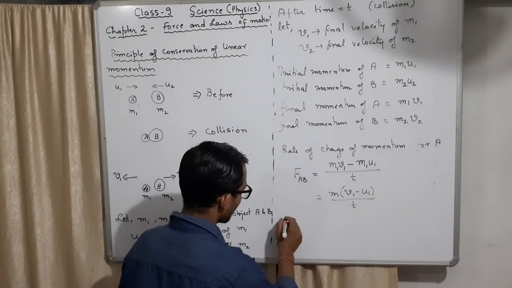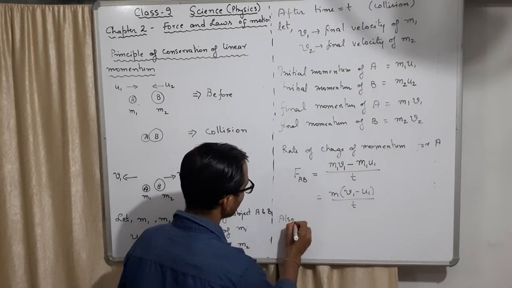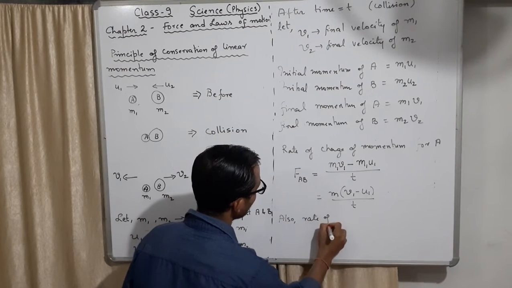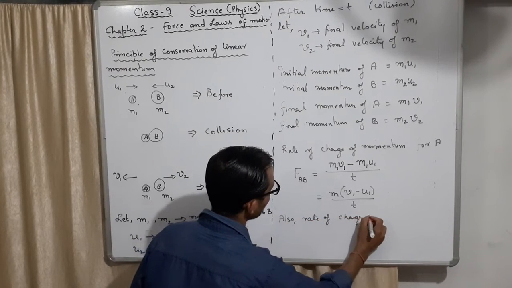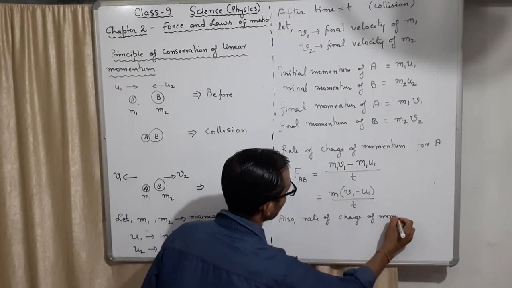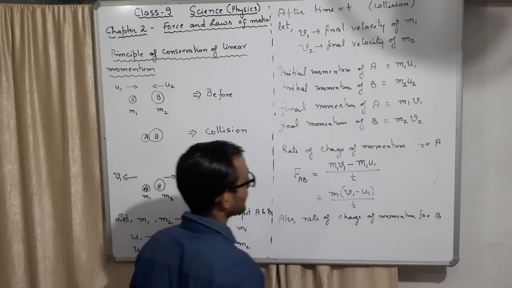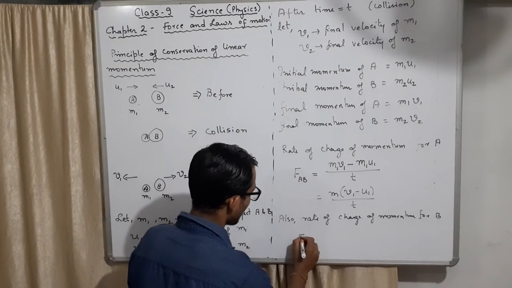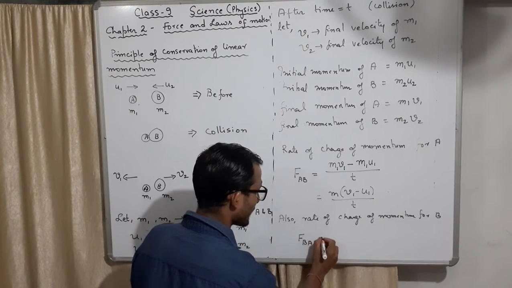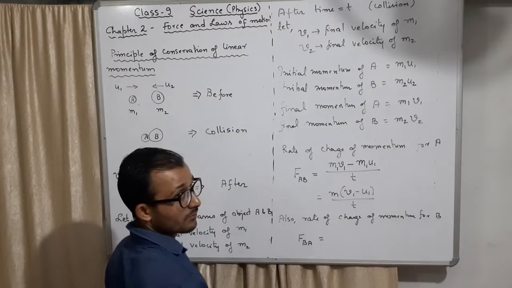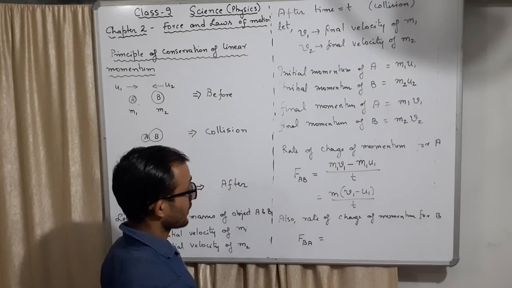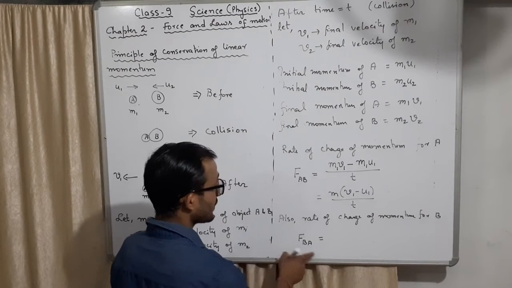Now also the rate of change of momentum for B. What is that? FBA. How do I know? It's also the second law: rate of change of momentum is the force applied. So what is the force applied on B due to A?